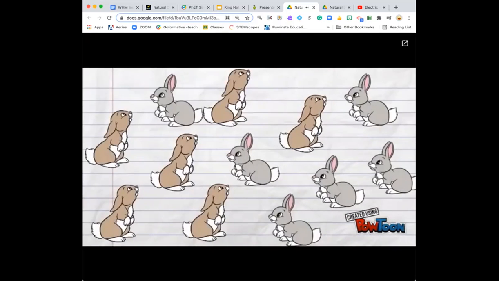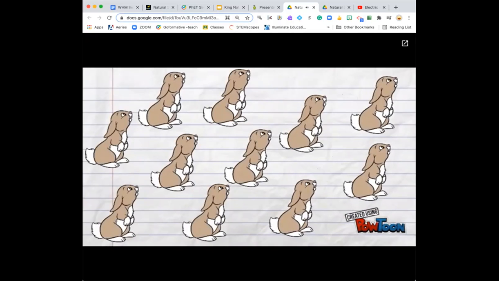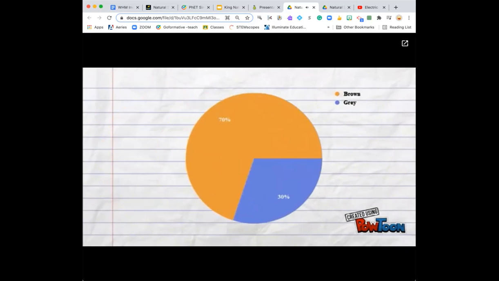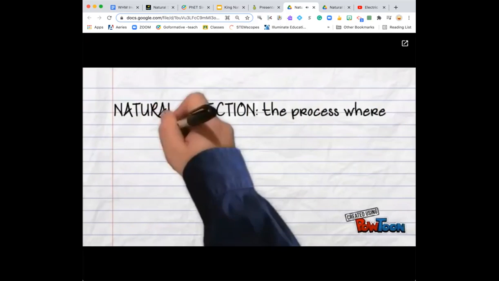Because the gray bunnies will probably be eaten more than the brown bunnies, it means fewer gray baby bunnies will be born and more brown baby bunnies will be born. The more advantageous trait, brown fur, allows the brown bunnies to survive and have more brown-furred babies, and eventually, brown fur will become more common in the population. This is natural selection.